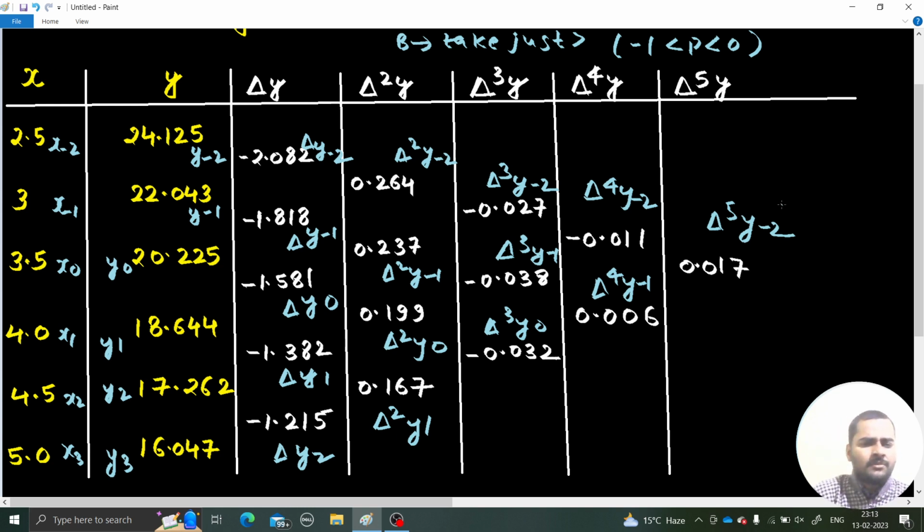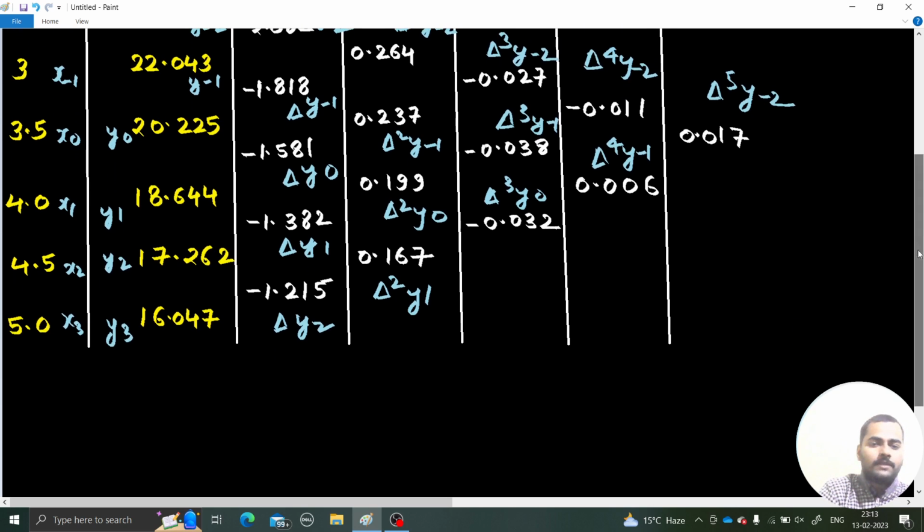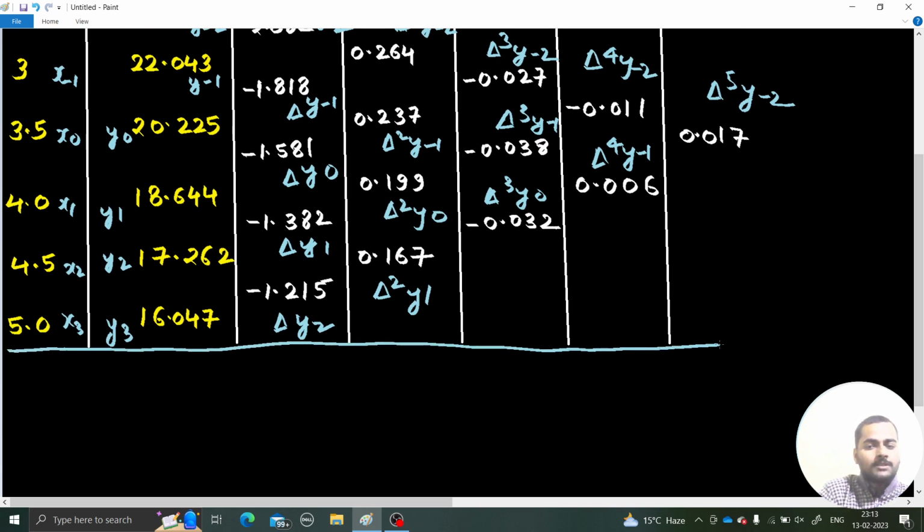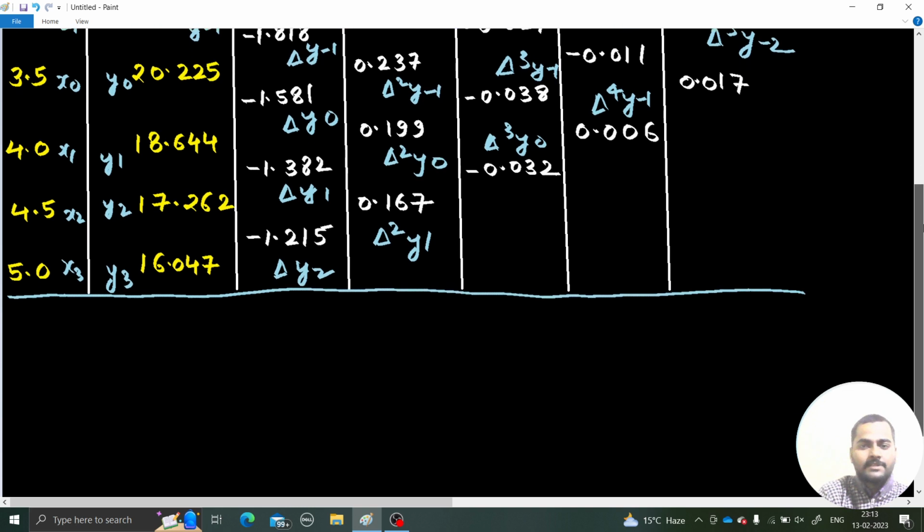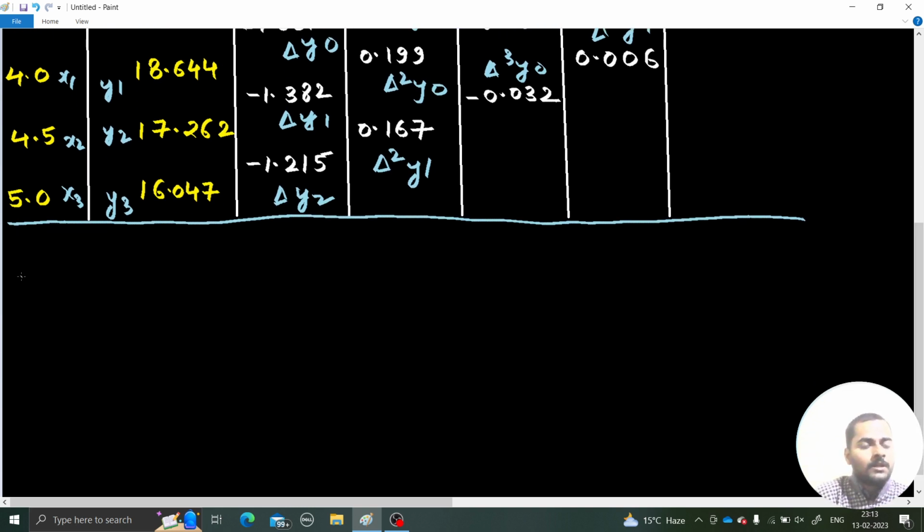Why I have written this? Because if I write this, I don't need to think about making a central line or anything else. Now I will come to the formula that I have for the Gauss forward difference formula, which again gives the value of y.